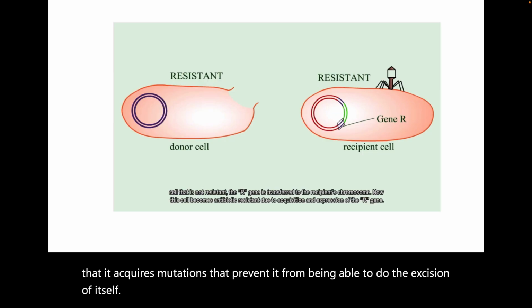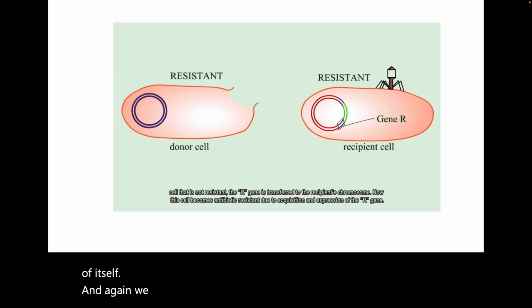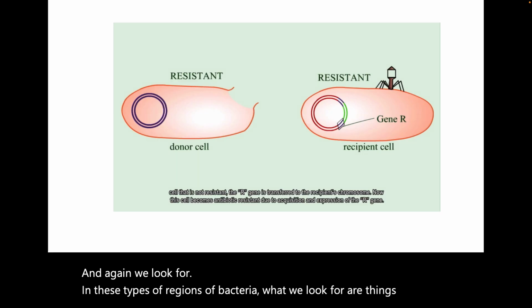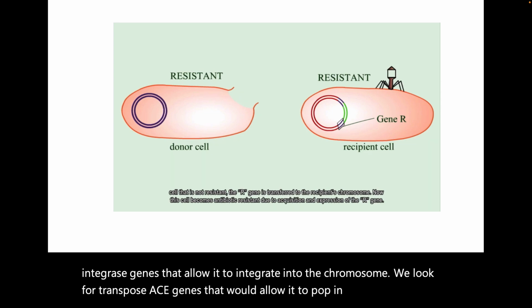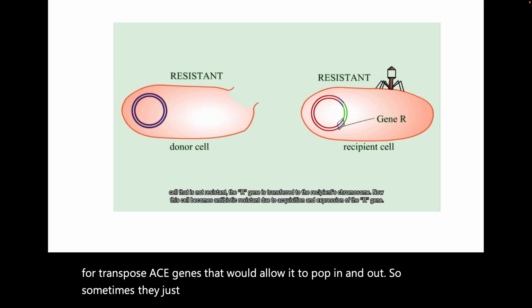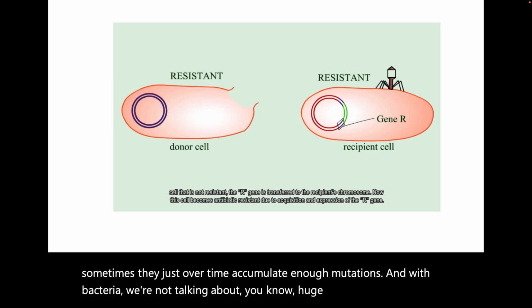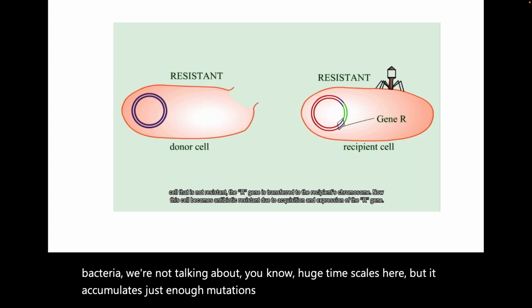And again, in these types of regions of bacteria, what we look for are things like integrase genes that allow it to integrate into the chromosome. We look for transposase genes that would allow it to pop in and out. So sometimes over time they accumulate enough mutations. And with bacteria, we're not talking about huge timescales here, but it accumulates just enough mutations that it no longer has the ability to pop in and out.